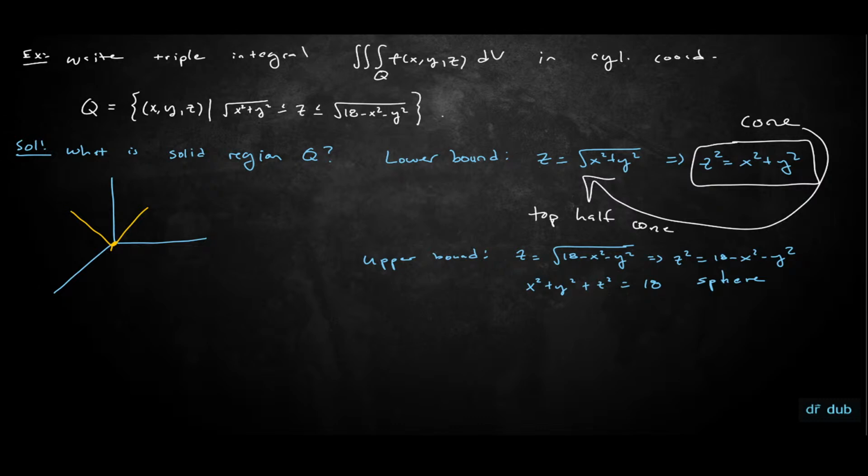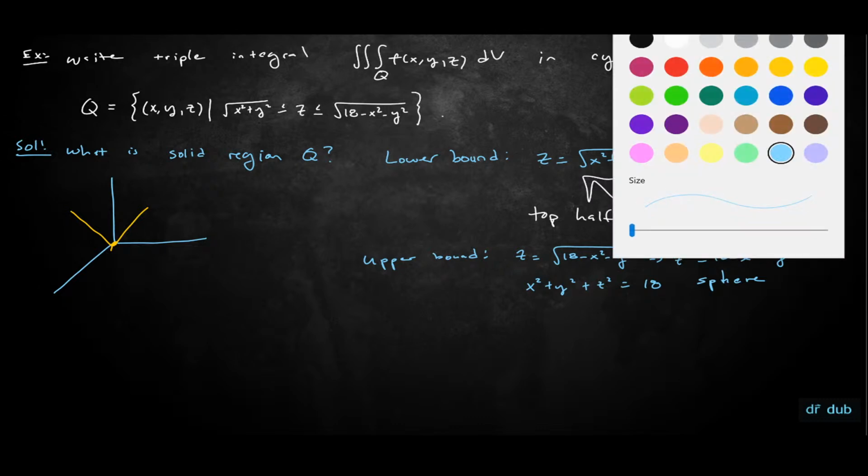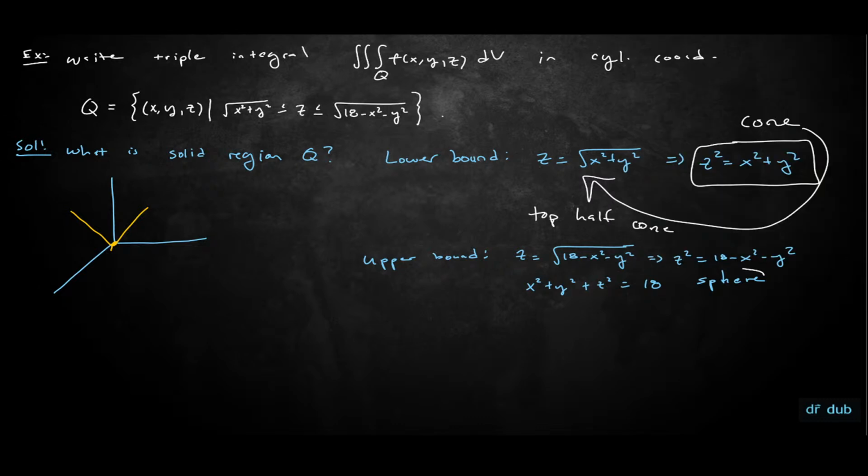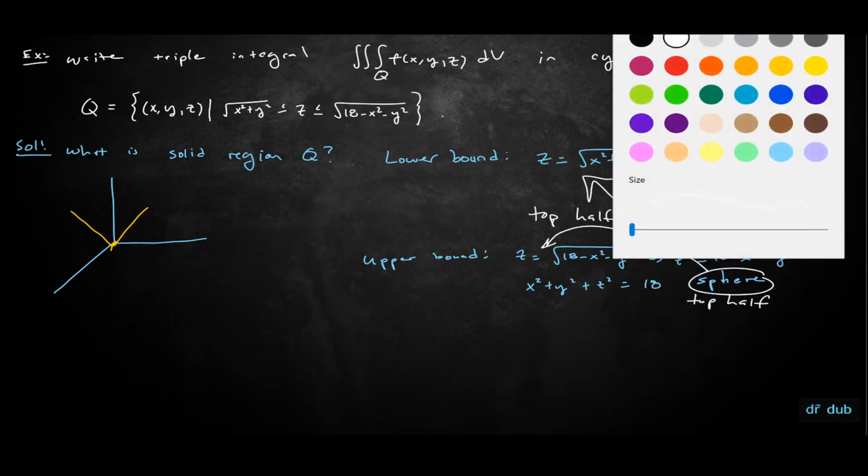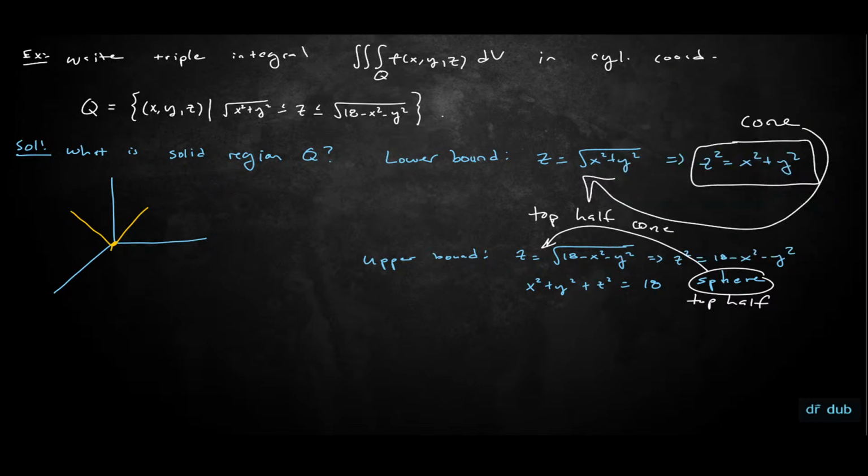So it's a sphere, but looking at what we have here, it's the top half of a sphere, since we took the positive square root. The z values are going to be less than the sphere. So the sphere is somewhere like right here.